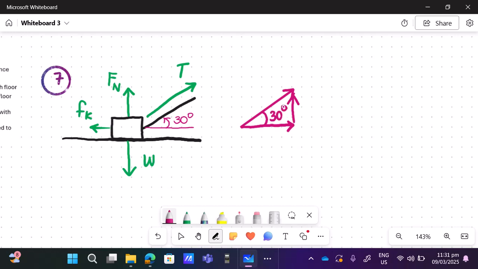Now, how do we relate T to find the expression for its vertical and horizontal components? Of course, this will make use of your trigonometric functions. So we have here a right triangle, and we can use two functions to find the horizontal and vertical components of this tension force.